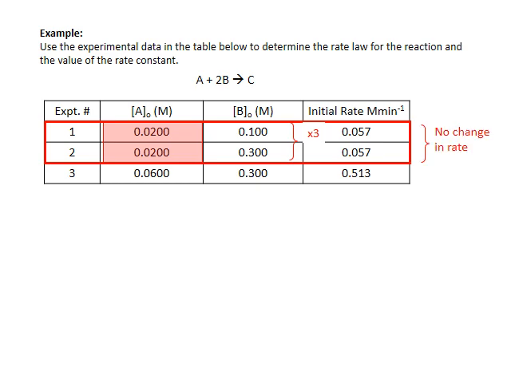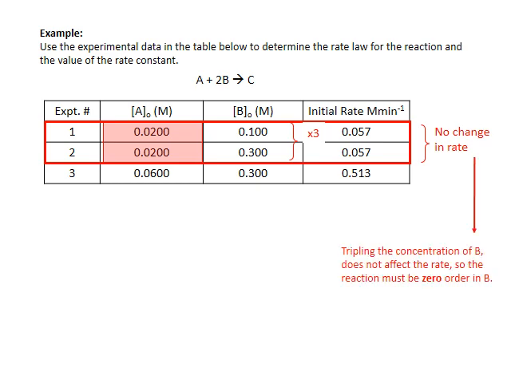We see that there is no change in the initial rate, even though we have tripled the concentration of B. This means that the reaction must be zero order with respect to B, because the concentration of B to the power y doesn't change the rate, just multiplies it by 1. That means y must have a value of 0.